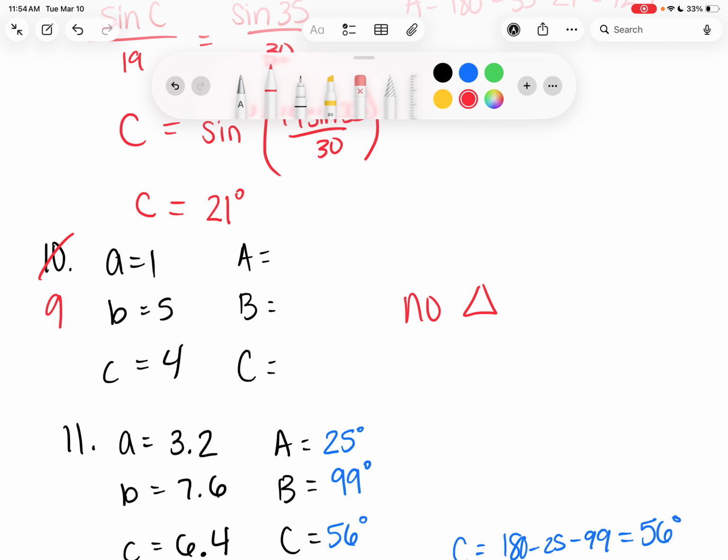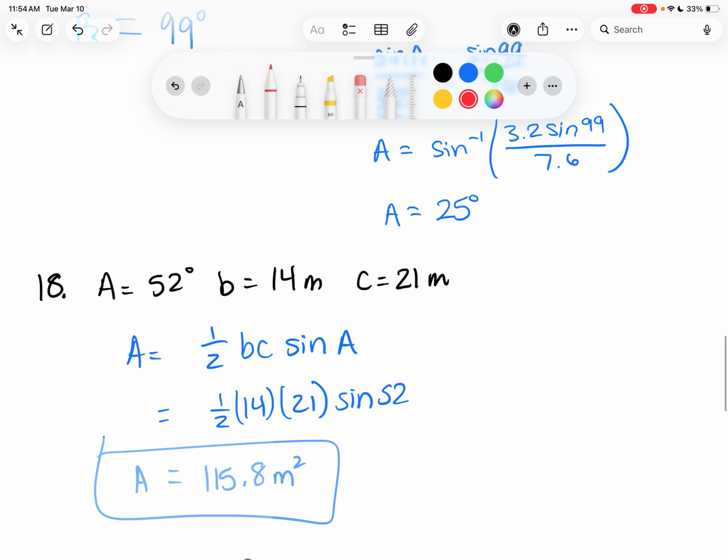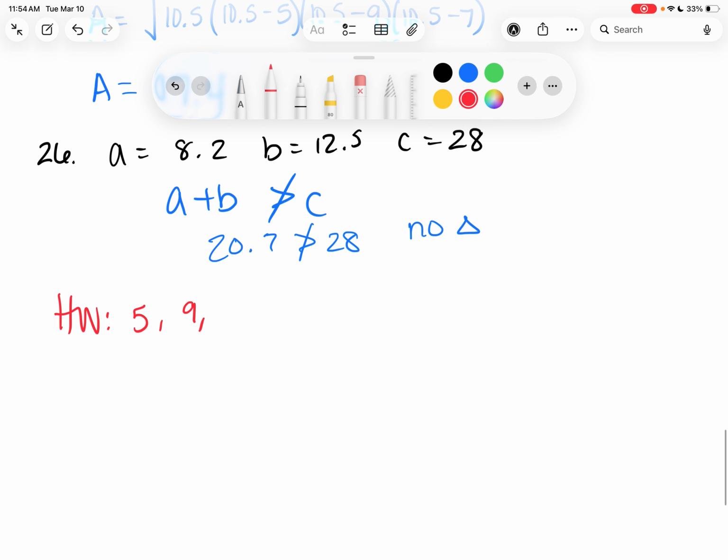This was not 10. This was 9. I read the wrong problem. So let's change this. Instead of 5 and 9, let's do 5 and 10. 10's just like 9, basically. And then we did 11, 13, and then area, let's do 19, 23, and 25.